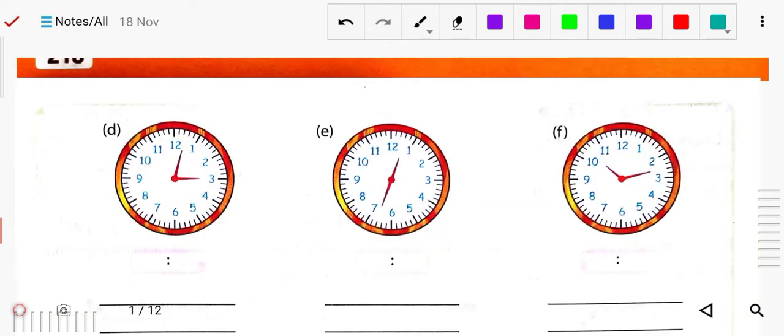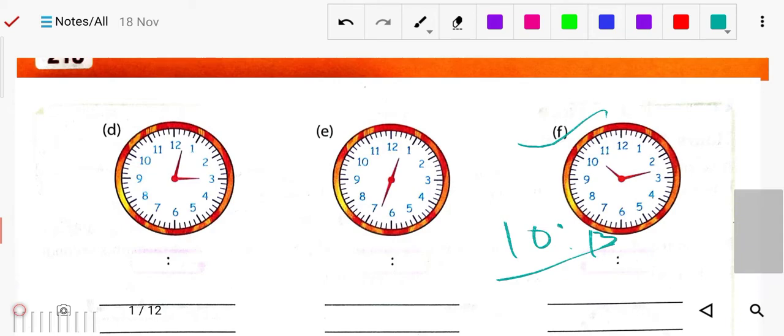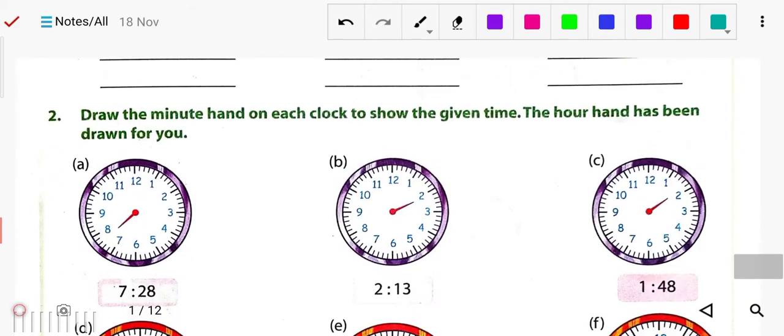Here is actually 10:13, so you can write 10:13, or you can write 13 minutes past 10. Likewise you have to write it.